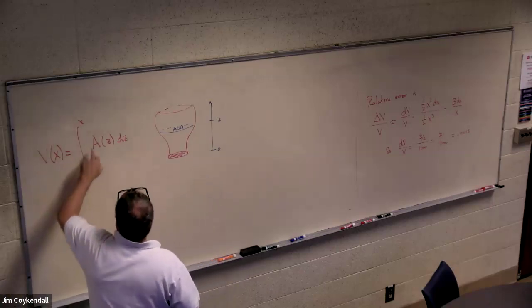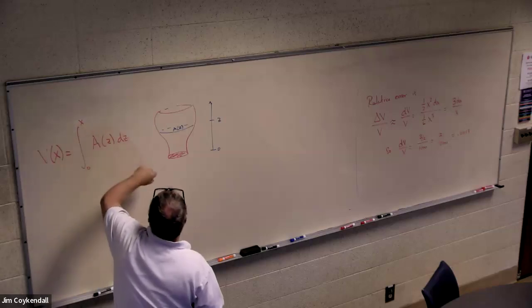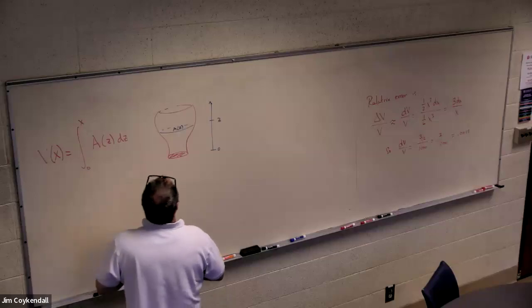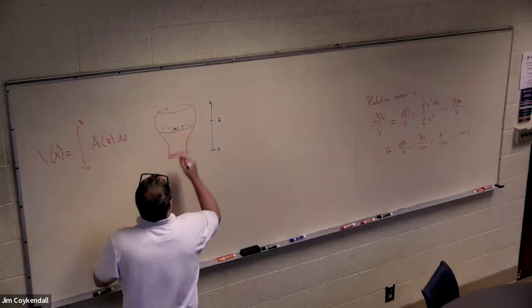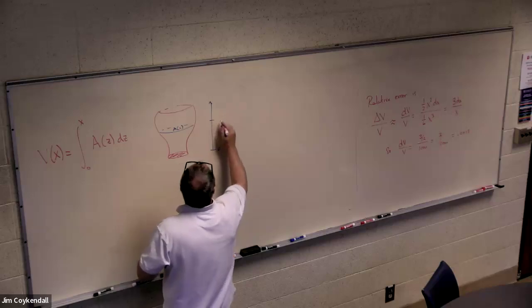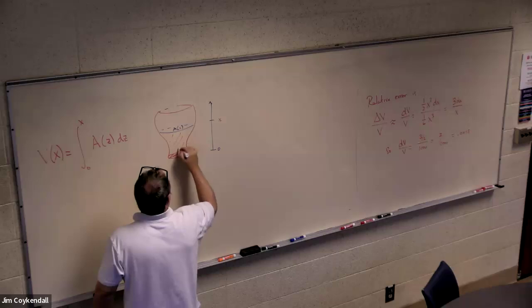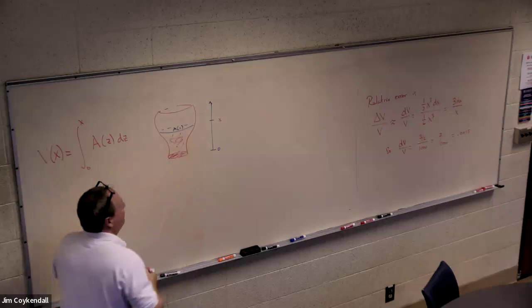When I go from 0 to X, integrating the cross-sectional area, I get the volume. Volume is what's up there.